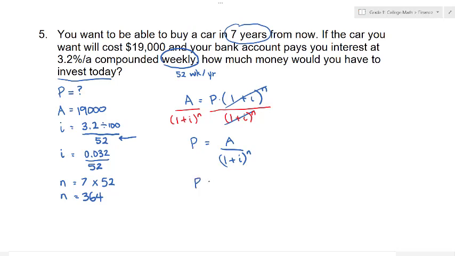So now I can sub in the values I know. P is equal to A, which is 19,000, divided by 1 plus my i, which is 0.032 over 52, to the power of n, which is 364.